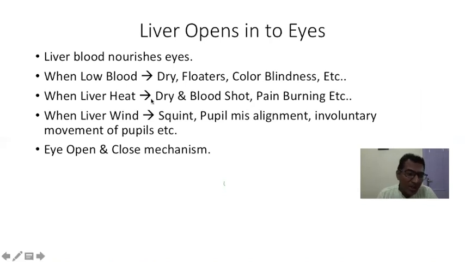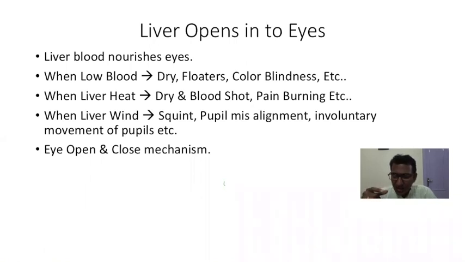And this is very important, this part, the eye open and close mechanism. We said that the eye is the opening of the liver, just like the nose is the opening for the lungs and the mouth is the opening for the stomach. It's very crucial for you to understand this.